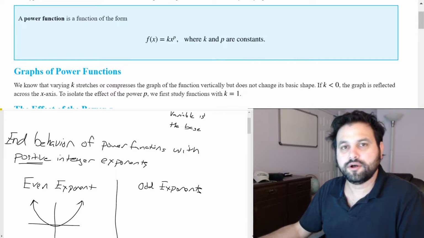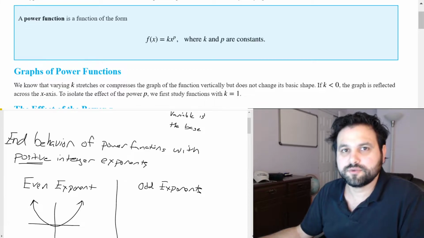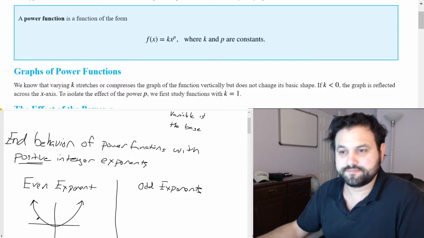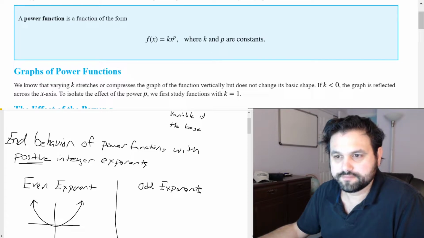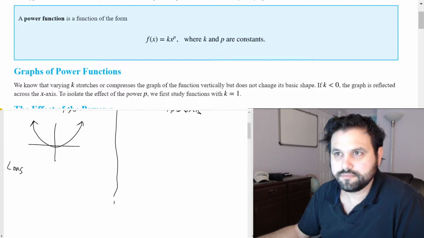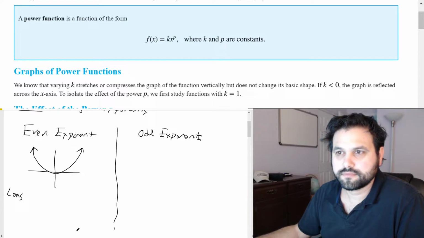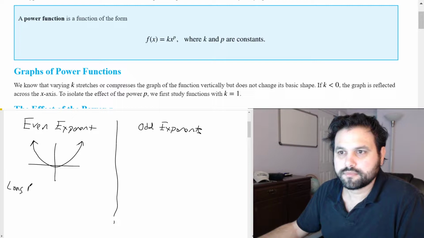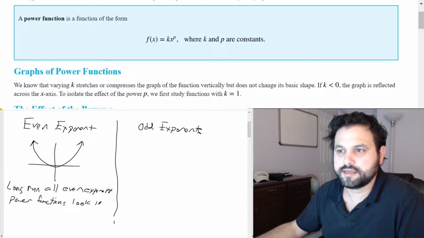in the long run, all power functions with even exponents will resemble x squared. So in the long run, all even exponent power functions look like x squared.